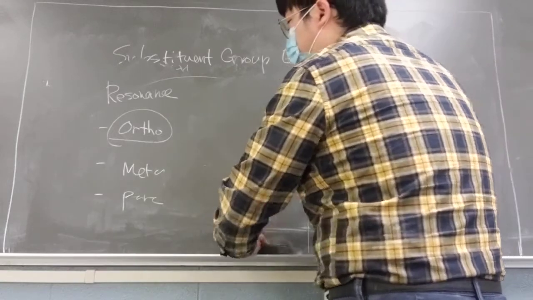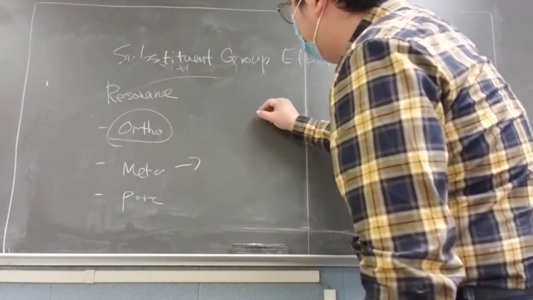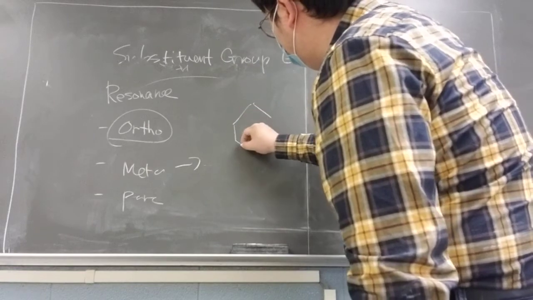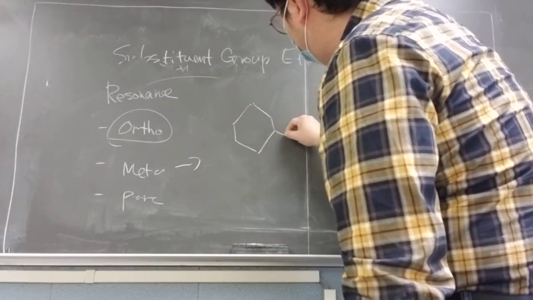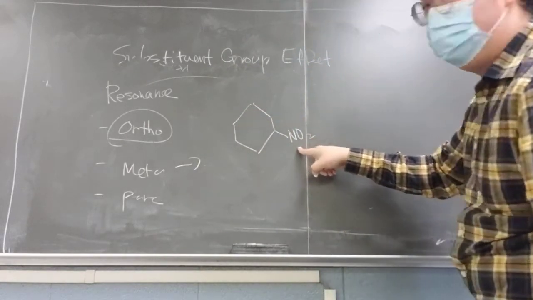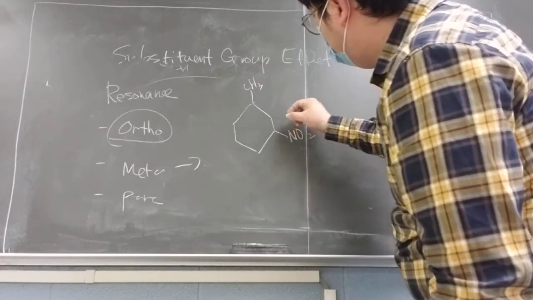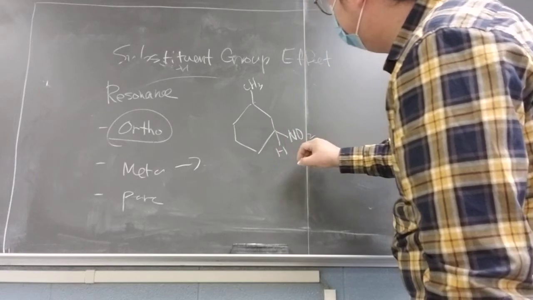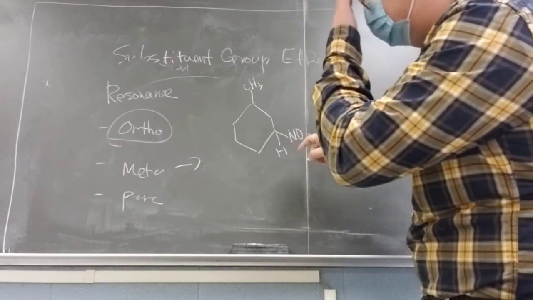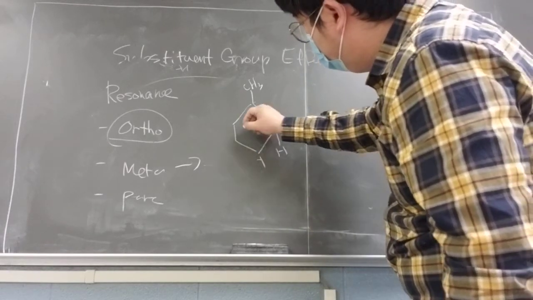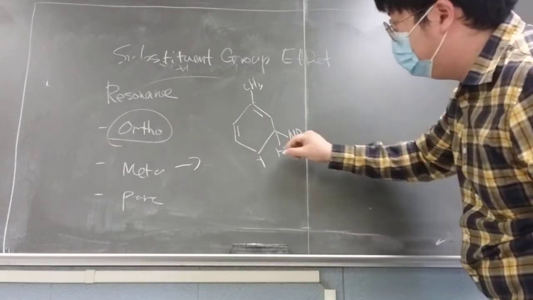Okay, let's do meta. In this case, I'm going to place this in the meta position here. Then you're going to have a hydrogen over here, and you can try to put the charge. It looks like this.